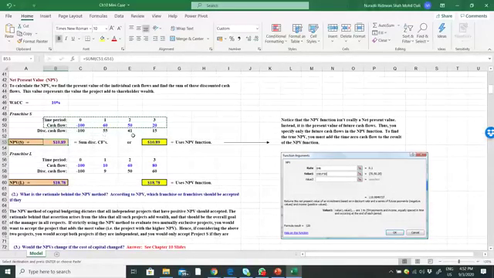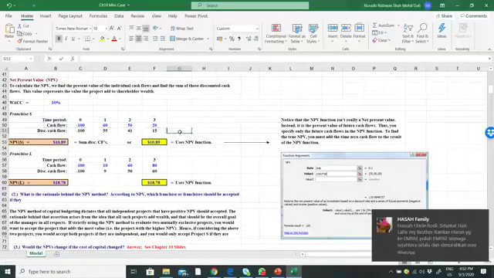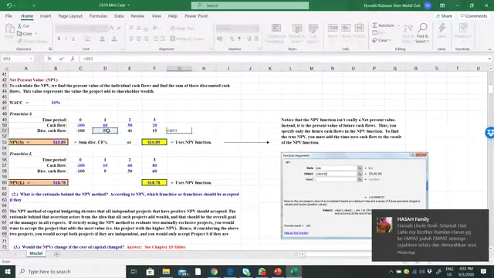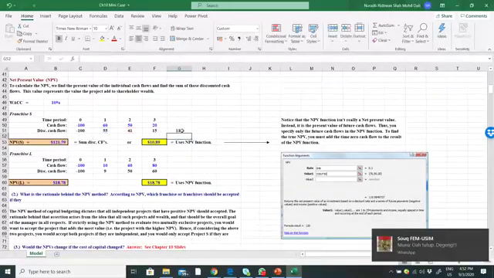10.89 because 55 plus 41 is 96, so 111. So this one is summation of this plus this plus this. Okay, 111.